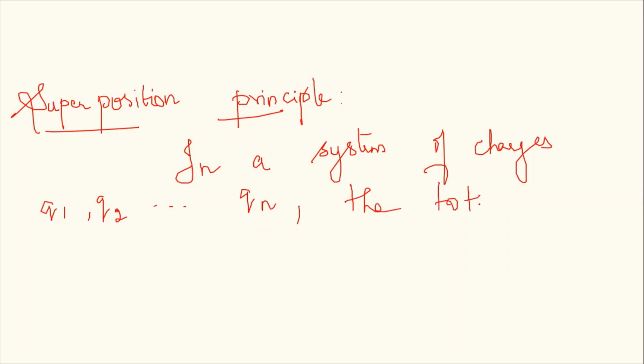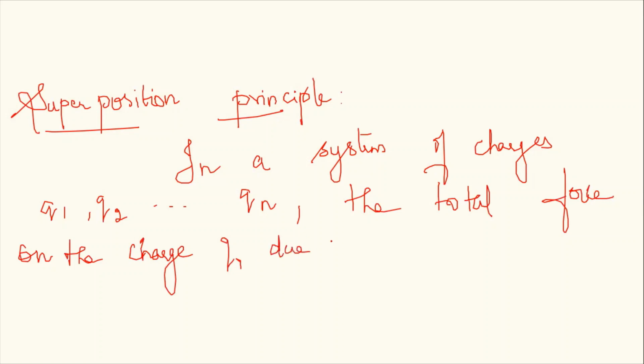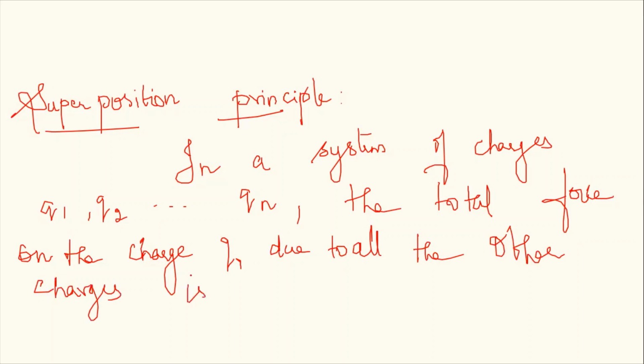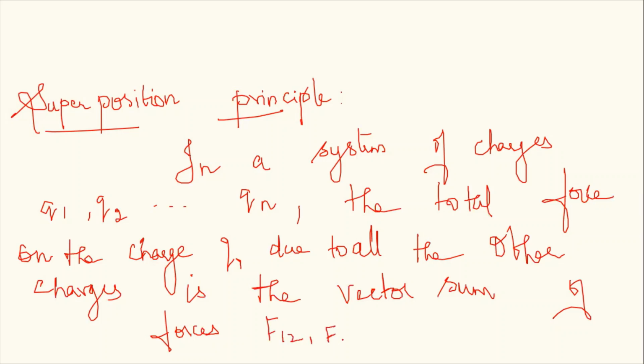The total force on the charge Q1 due to all the other charges is the vector sum of forces F12, F13, etc. till F1n.